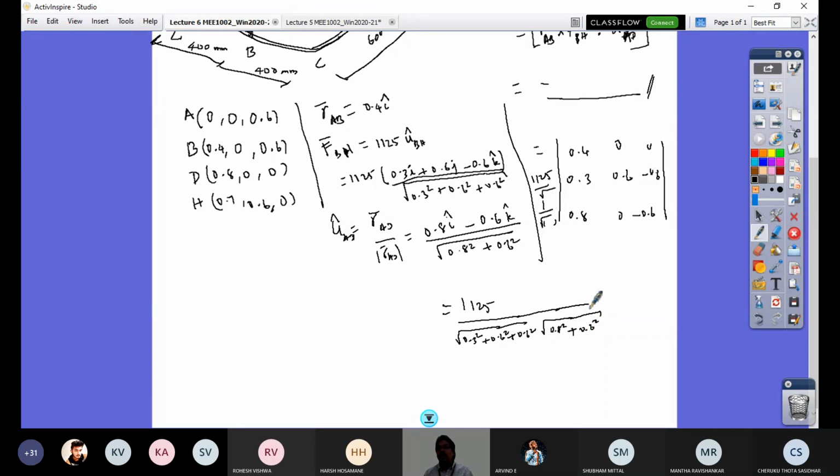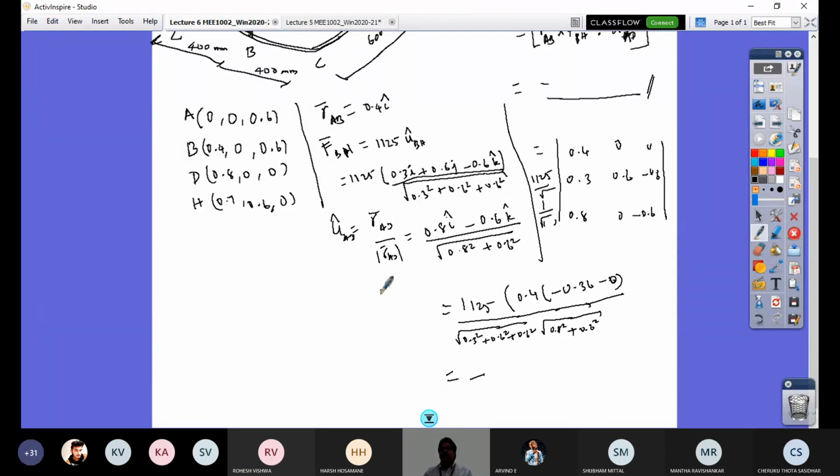These two radicals. And in the numerator, I will have what? 0.4 into this minus this. So that's going to be minus 0.36 minus 0. So if I work out this, what is it that I get? It's minus.